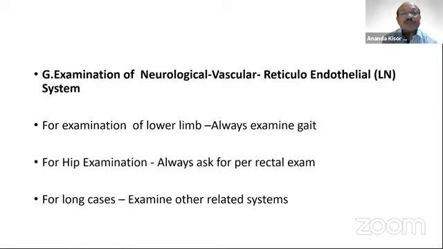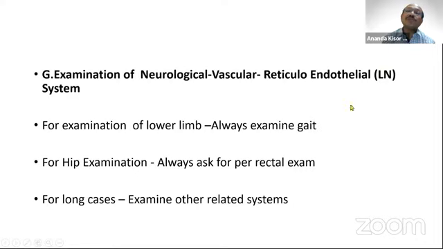And the last point is the examination of the gait, always examine the gait. For the neurological examination for the hip joint, for the femoral nerve, we have to ask the patient to extend the knee. For the sciatic nerve, we have to ask for dorsiflexion and plantar flexion of the ankle joint. For the vascular examination, I already told that the vascular pulsation should be examined.